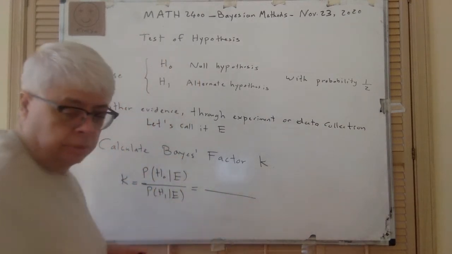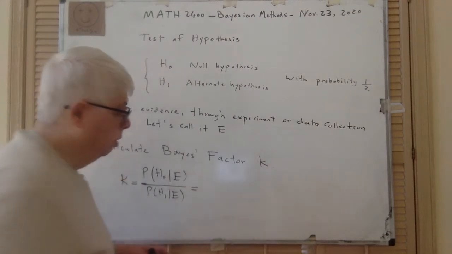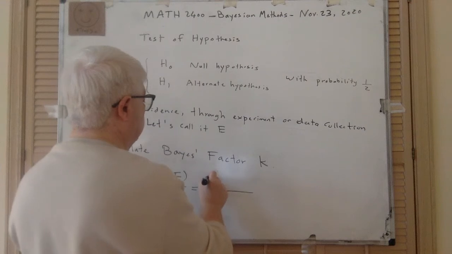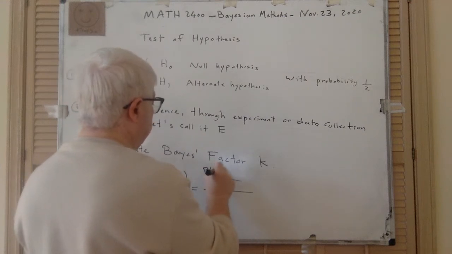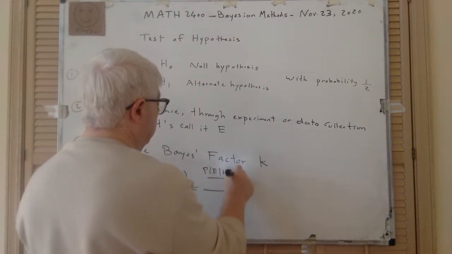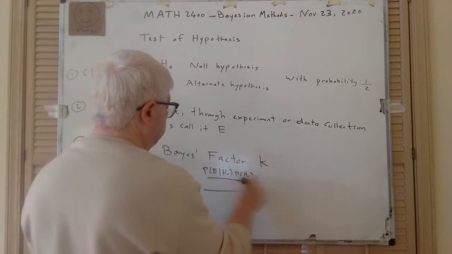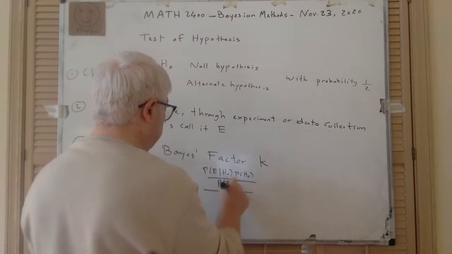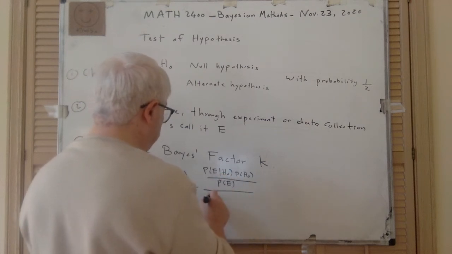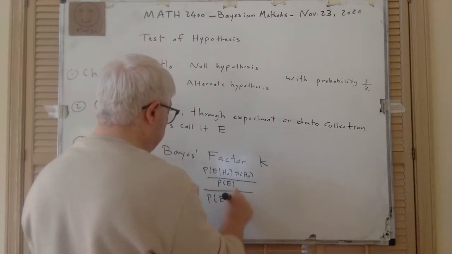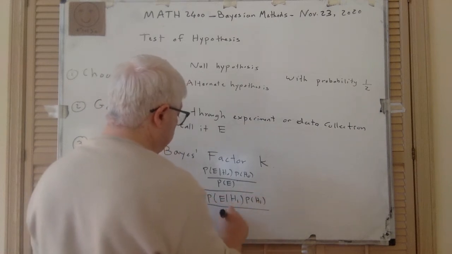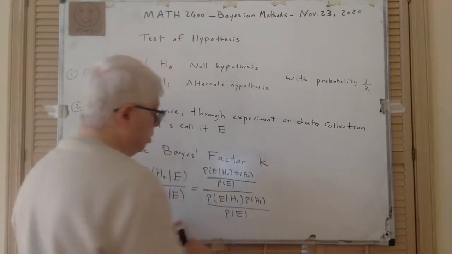If I use Bayes' formula, this top one is in fact P of E given H0, P of H0, divided by P of E. And this one is P of E given H1 times P of H1 divided by P of E. Right?